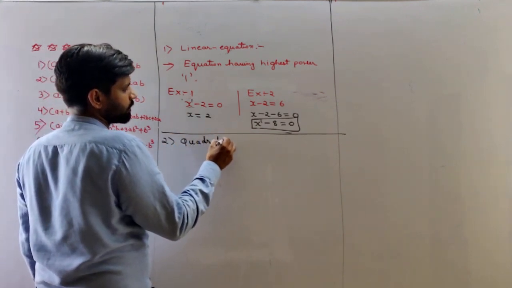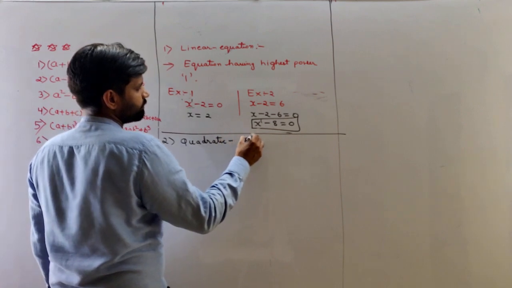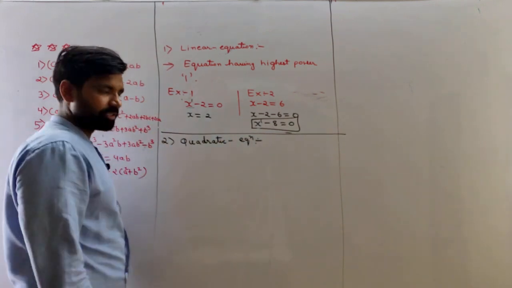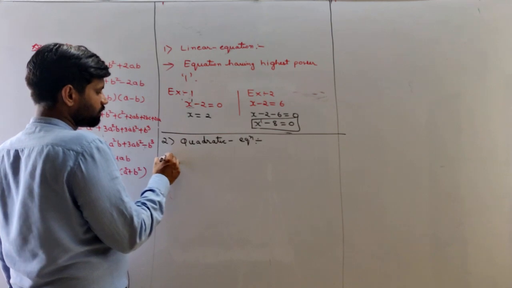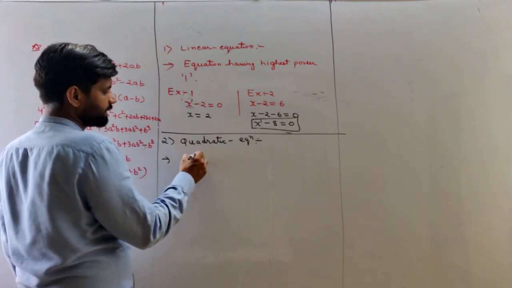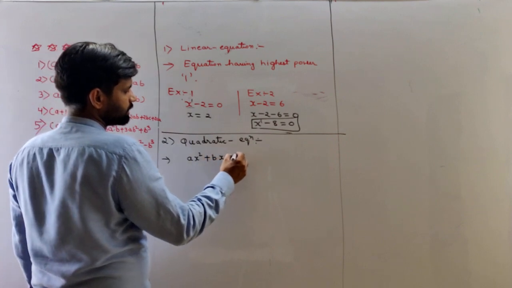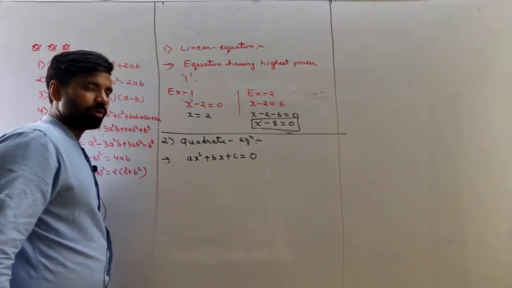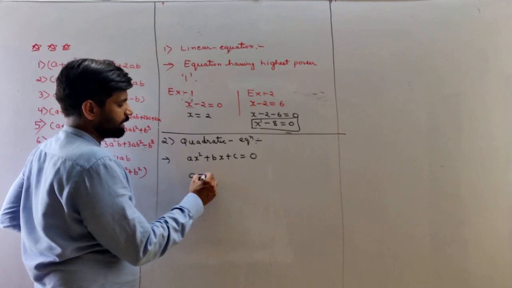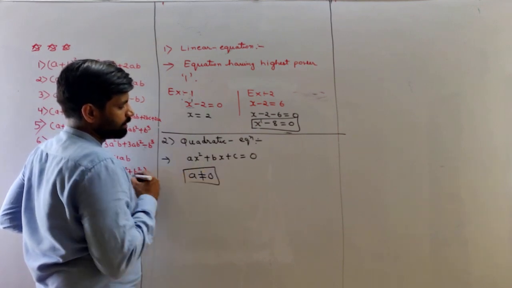The second equation is the quadratic equation, which is very important in physics. As we know, a quadratic equation can be written as ax² + bx + c = 0, where a is not equal to 0.